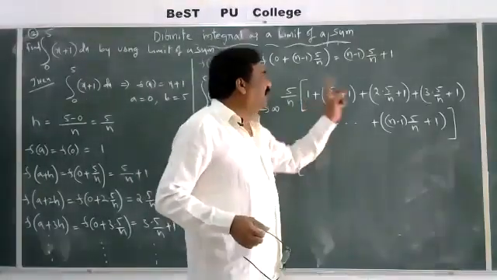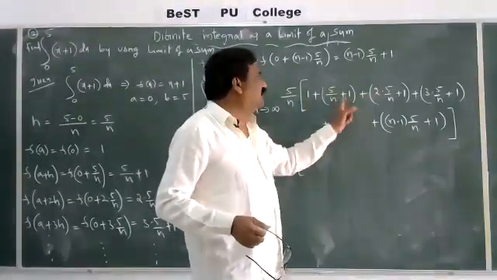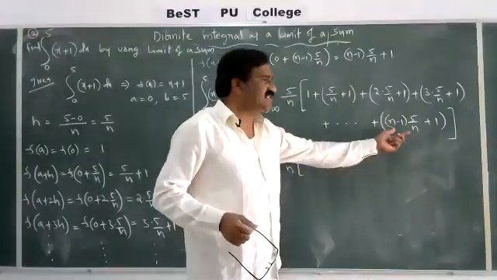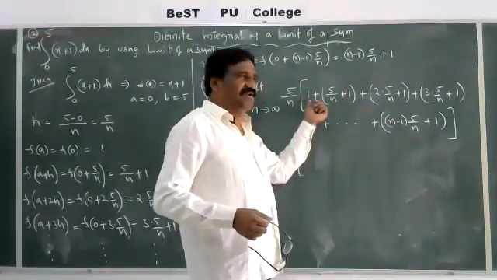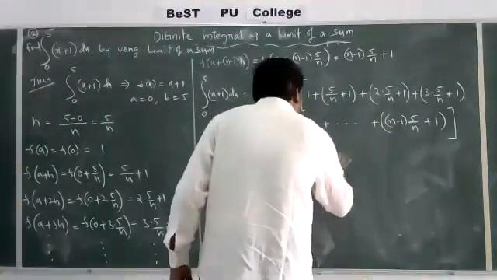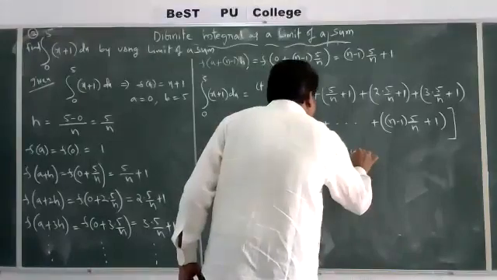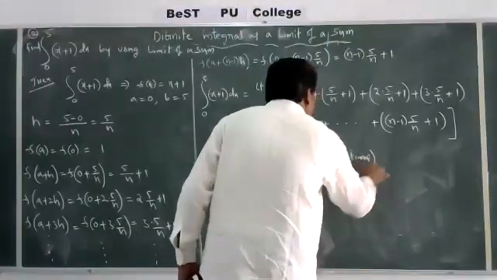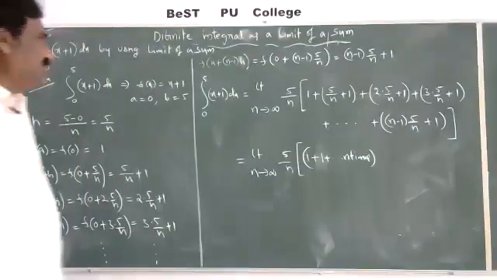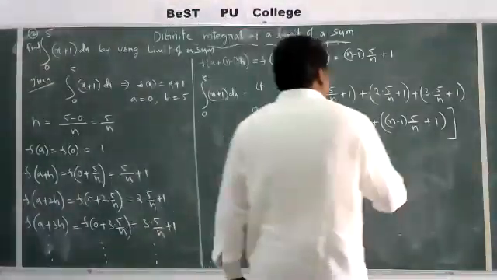For every bracket you have 1 plus 1 plus 1. Starting from here this is n minus 1 terms and an extra 1, that is n ones are there. 1 plus and so on n times, plus the remaining terms.